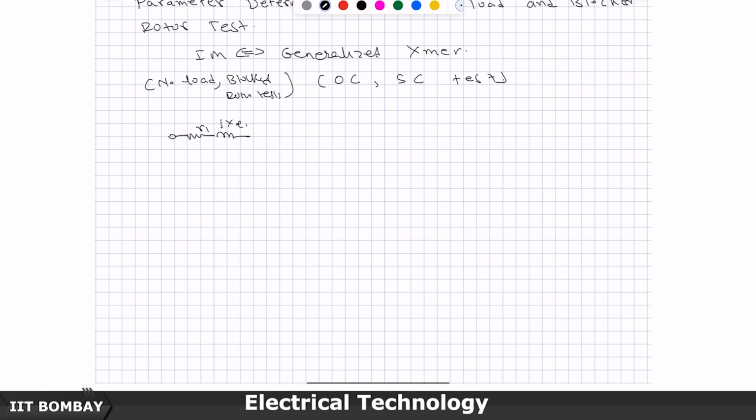If you recall the equivalent circuit of an induction motor, this is jXL1, the leakage reactance of the primary winding, and the resistance R1 of this. Then the magnetizing impedance, which is much lower than in transformers, we have seen that also, Rm, and this is the equivalent of what we used to have in the transformer also.